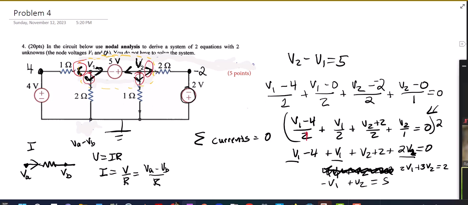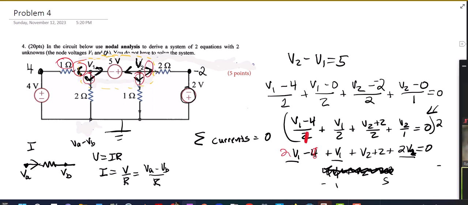That should have been over 1. See how many mistakes I made? So V1 minus 4 over 1 for that one. And so that would have changed this to a 2 and this to an 8, and so who knows what this would be. How did I not catch that when I tried to check my answer?